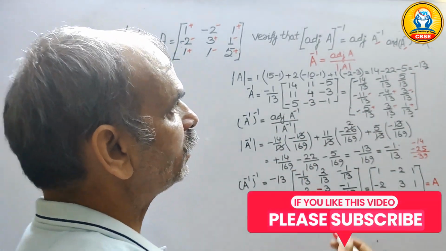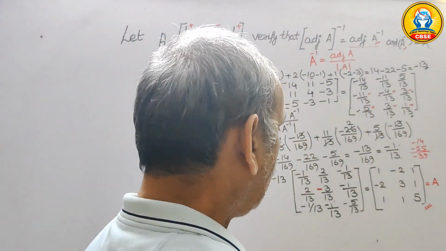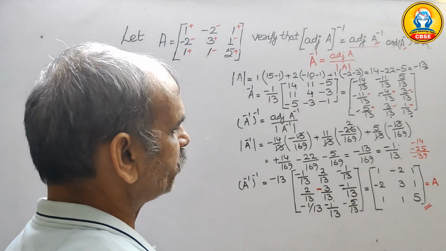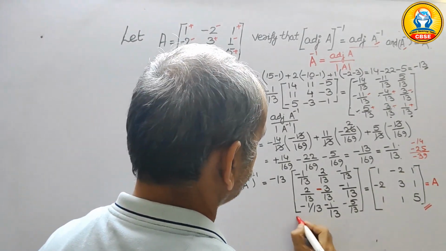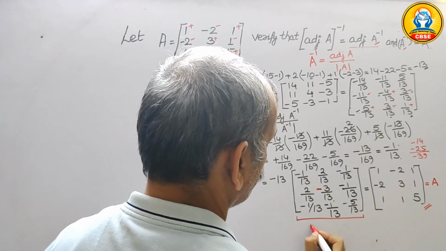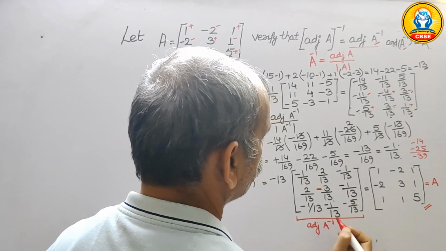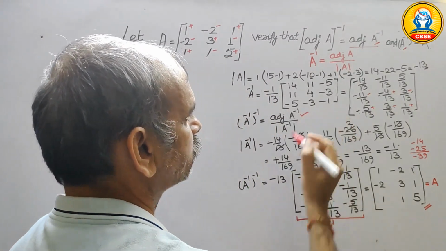Next they have given here adjoint A inverse. Adjoint A inverse is nothing but what? This value. Adjoint A inverse, you can see this.